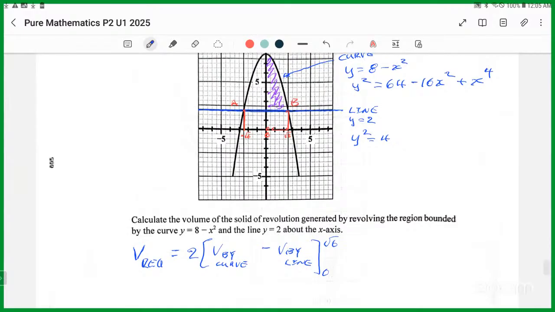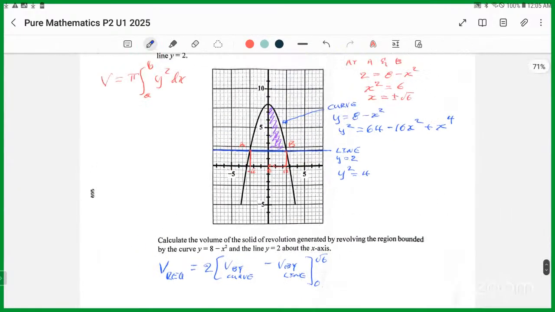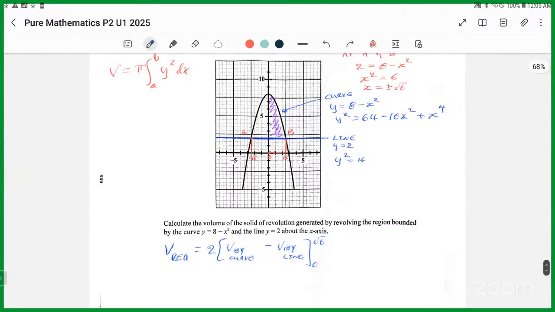Remember, volume is pi times y squared, and the y squared terms are up here already. Now we do the curve minus the line.